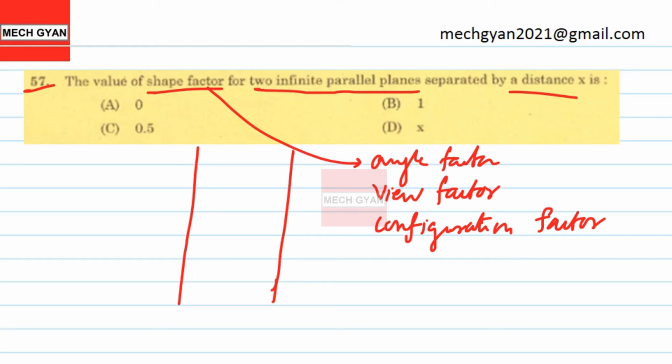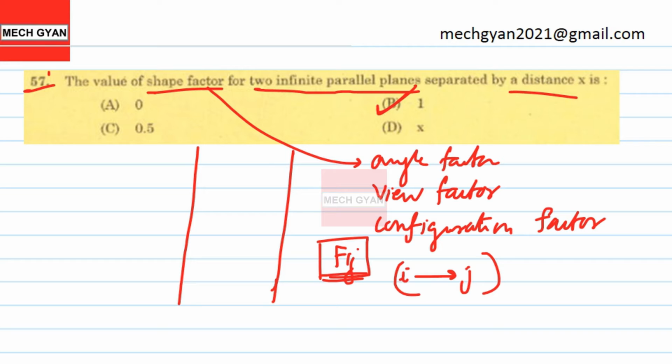So Fij is the usual notation for shape factor, the fraction of radiation energy leaving the surface i and impinging on surface j. Since it is two infinite parallel planes, the shape factor is basically unity.